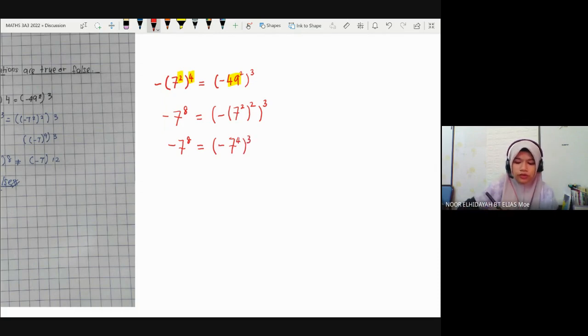Here you get negative 7 to the power of 8 is equals to negative 7 to the power of, here 7 pula, 12. Okay, this one 12, so it is not equal.